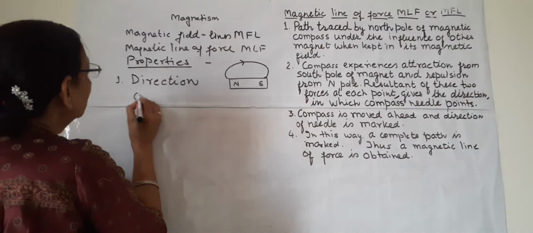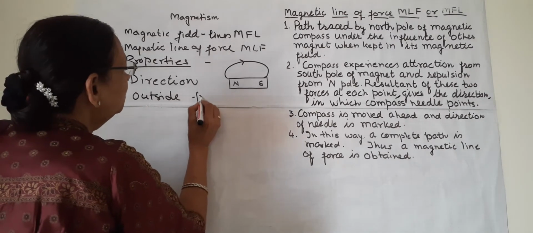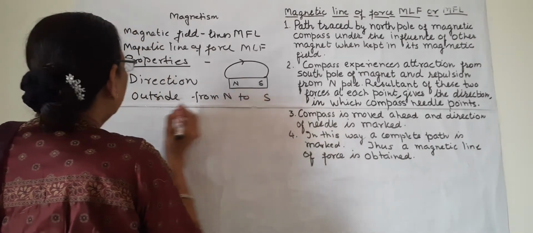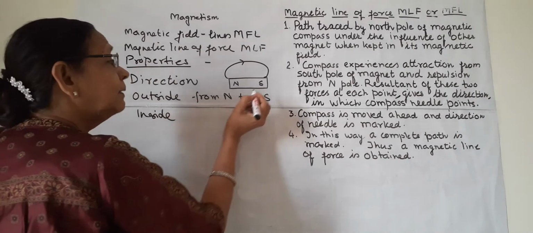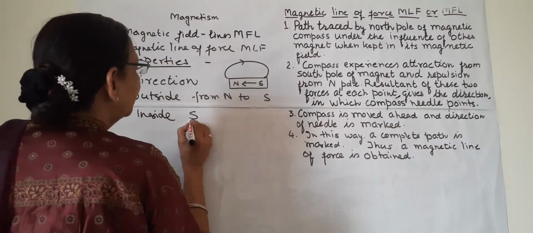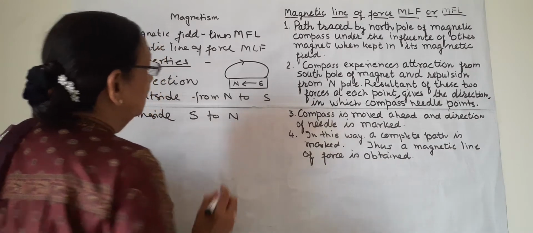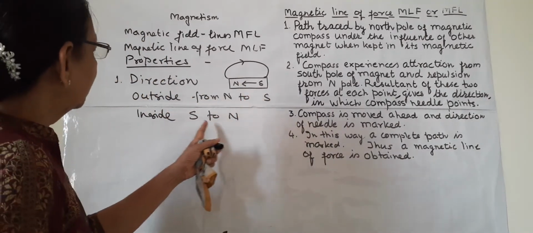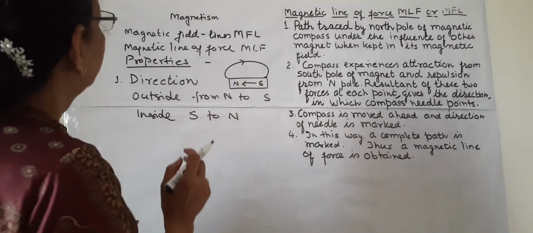And they also have a direction inside the magnet, and inside the magnet the direction is from south to north. So this is how the magnetic field lines have direction, one outside and the other inside.